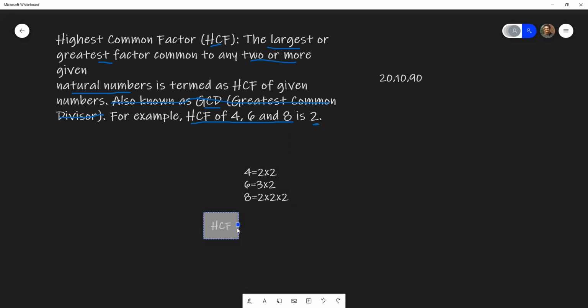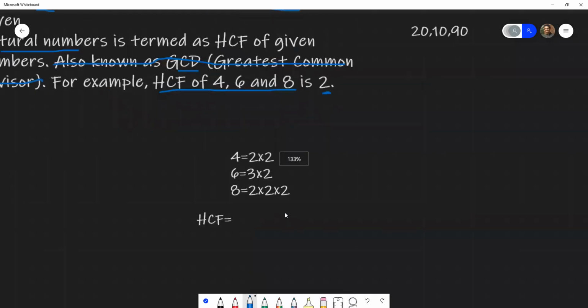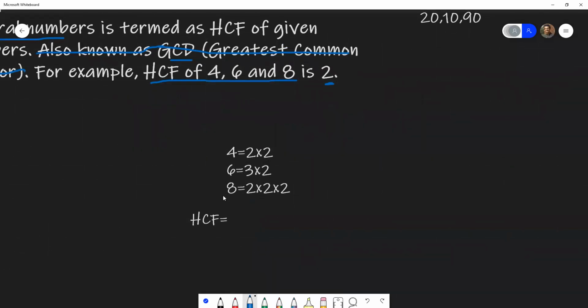HCF equals to, okay, and now concentrate. What do we have common here in the 3 terms, in the 3 natural numbers? 4, 6, 8. Just 2. We have 2 common, but do we see any other common?